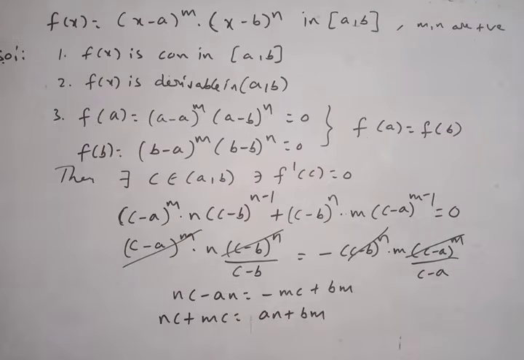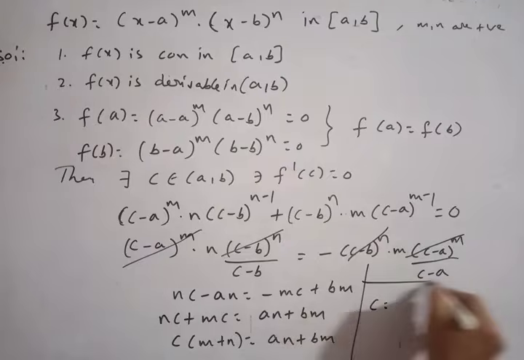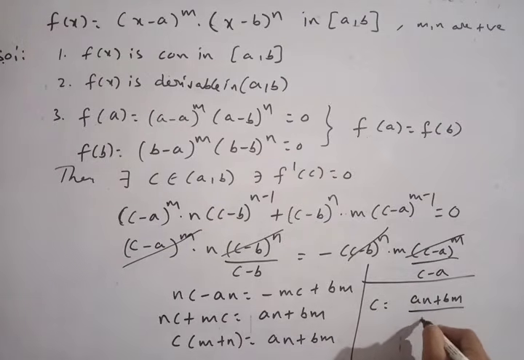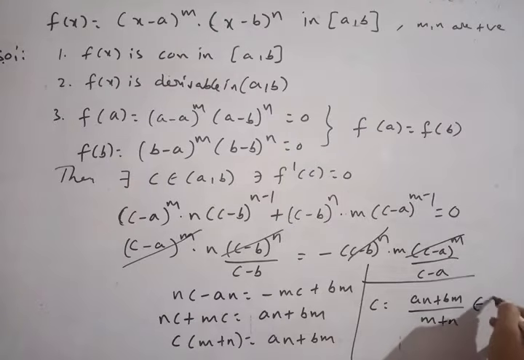Now take out c common, c into m plus n is equal to an plus bm. So c is equal to what? An plus bm by m plus n, which belongs to a comma b. Like this you need to solve this problem using Rolle's theorem. Understand? Okay, we will solve another problem.